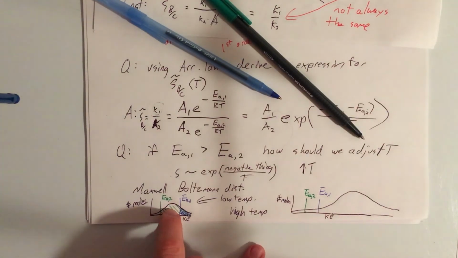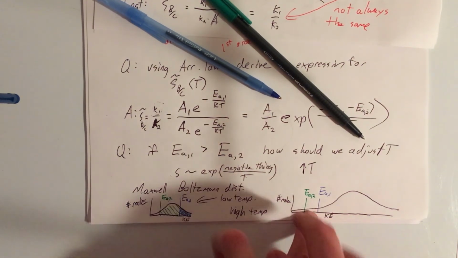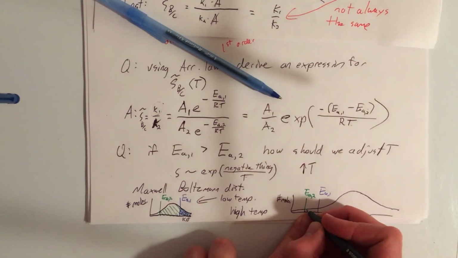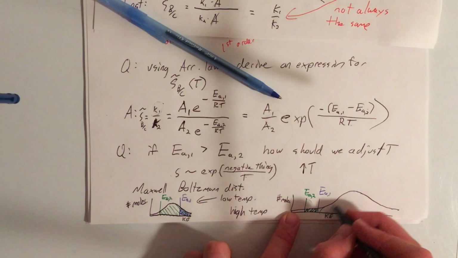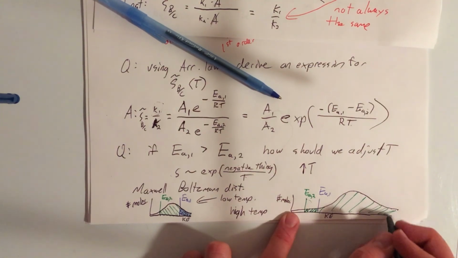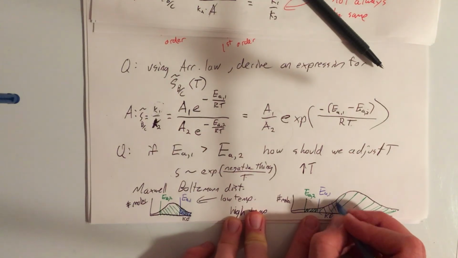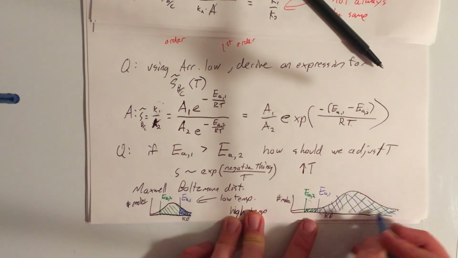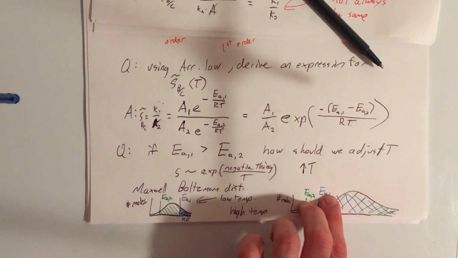In the first case, we had all of these molecules that could proceed with this reaction but couldn't proceed with this one. In this case, only a few molecules can proceed with just this reaction, whereas most of the molecules are above the activation energy threshold for both reactions to occur.